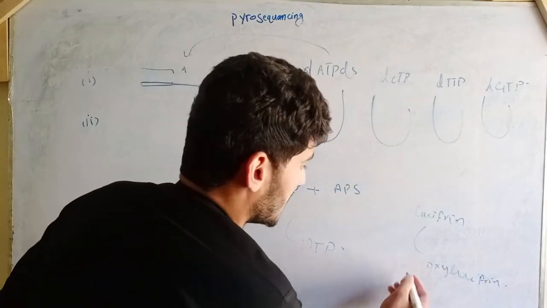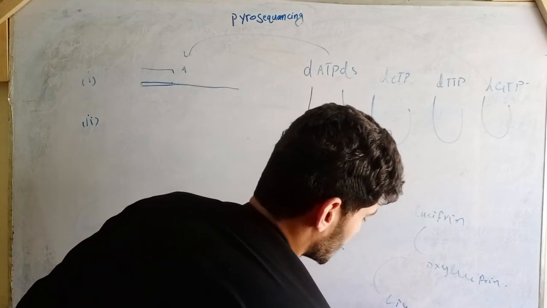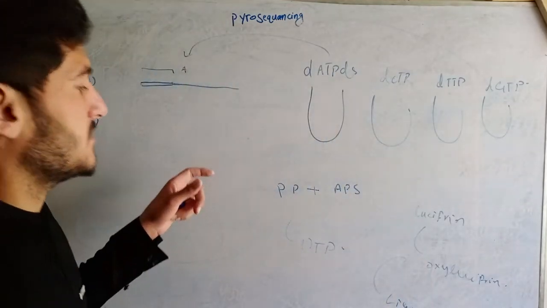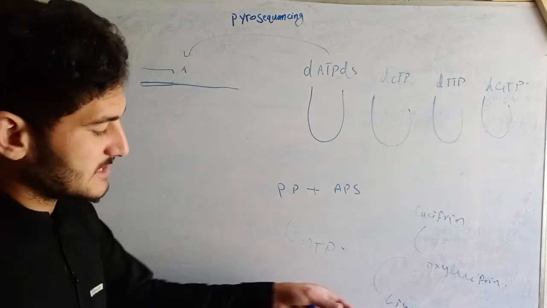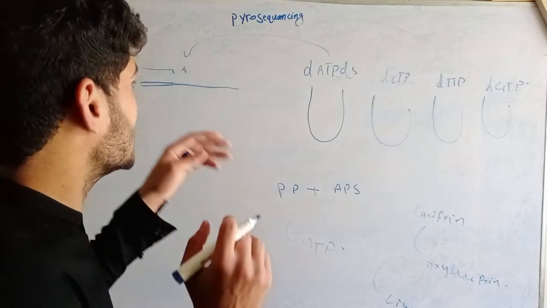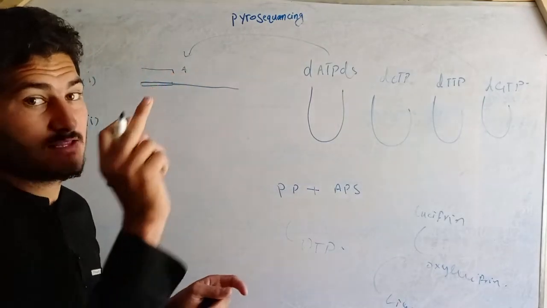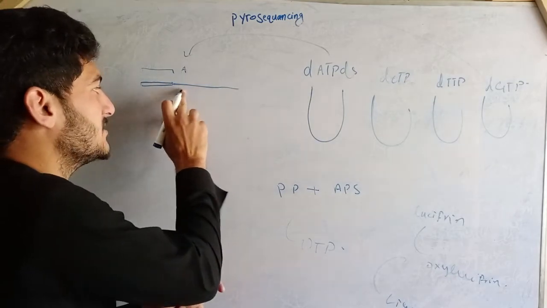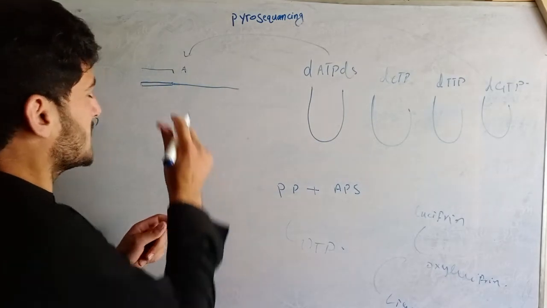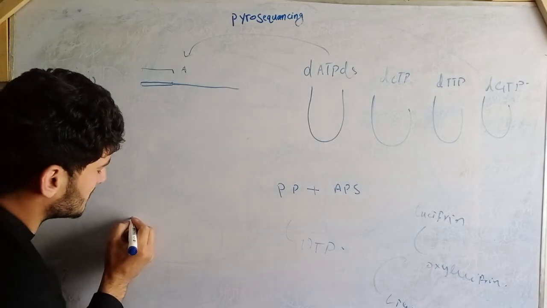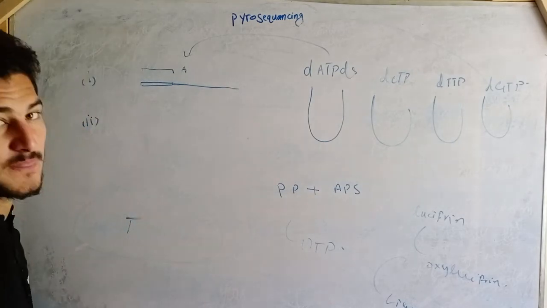So here light is produced. In the pyrogram we show that light is produced, so we indicate that the nucleotide is attached. So here the complementary is present. When A is attached, there is an unknown triplet, and T is present.